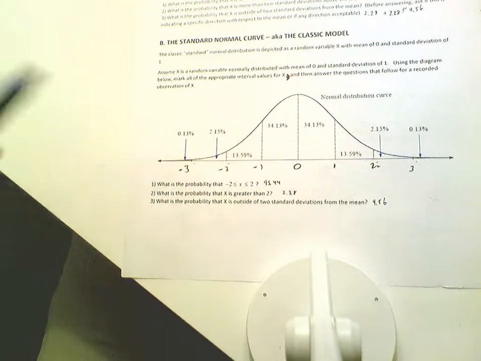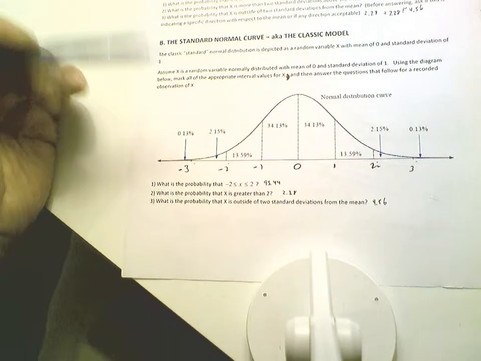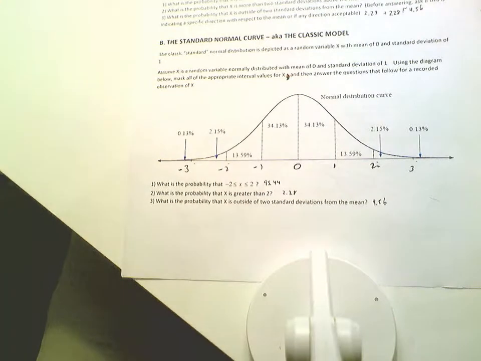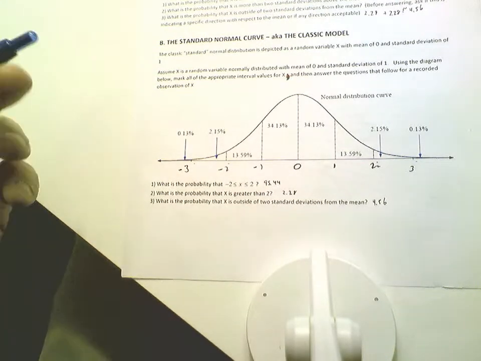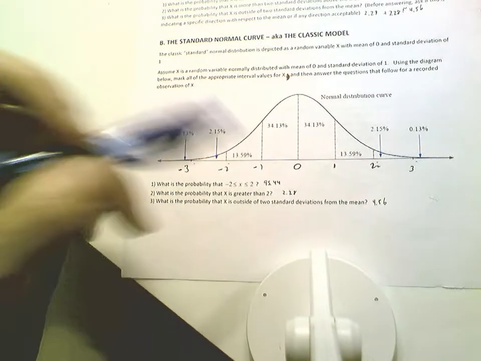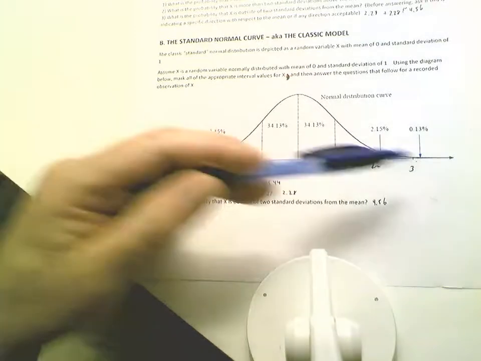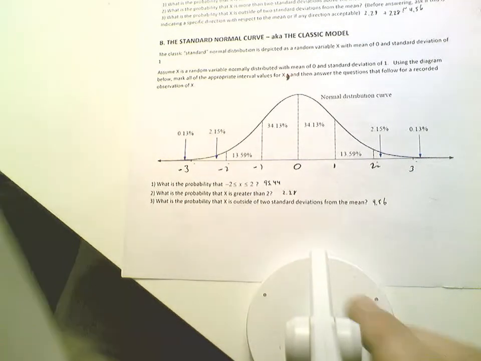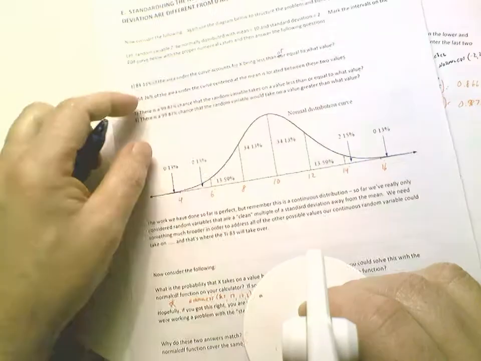Now, we also said, well, most distributions don't have a mean of 0 and a standard deviation of 1. How do we go ahead and work our way through that? Well, it turns out with just a little bit of knowledge, we can map this curve and this x-axis scale to any other x-axis scale as well. So let's talk about that. And we did this right at the end of class when the bell hit.